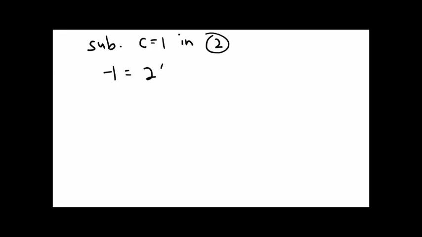Now, to get B, we must substitute our A and our C in our equation 2. Now then, we will have negative 1 is equal to 2 times 1 plus B. Negative 1 is equal to 2 plus B. Now our B is equal to negative 3.